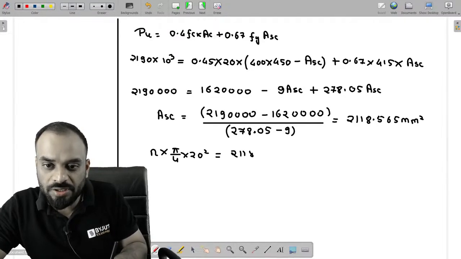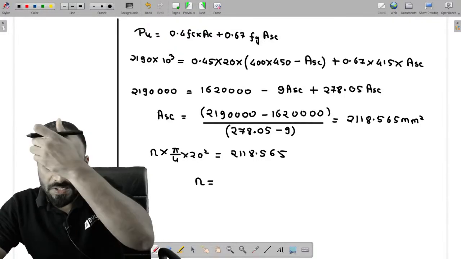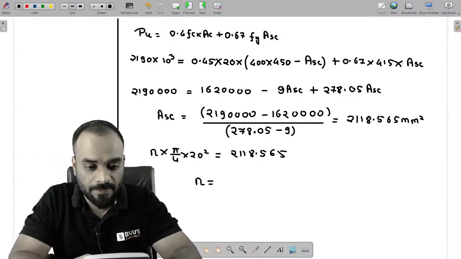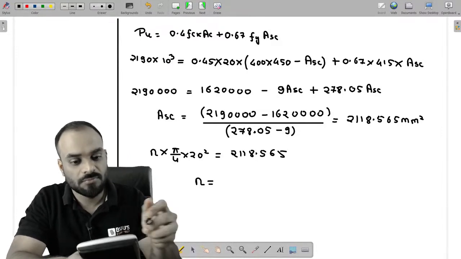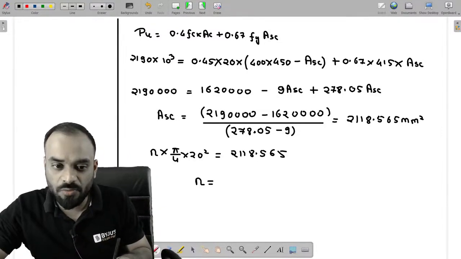Is equal to 2118.565. Now let's calculate the number of bars which are required.